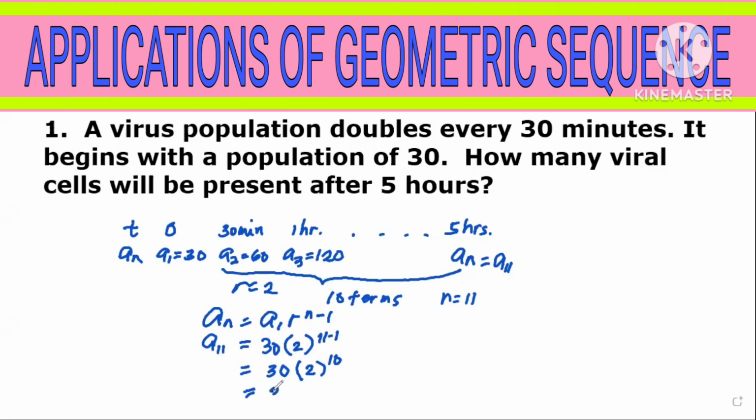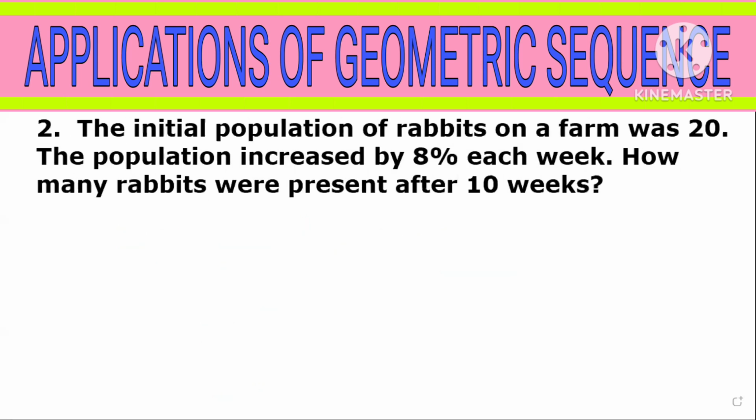But 2 raised to 10 is equal to 1024. And 1024 times 30 is equal to 30,720. So the amount of virus or viral cells after 5 hours is 30,720.